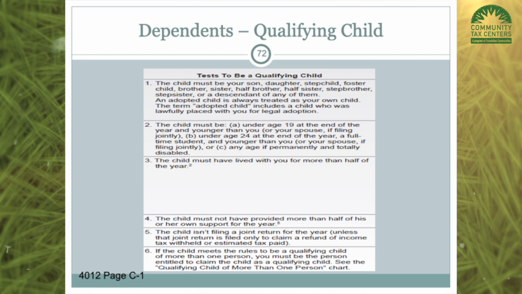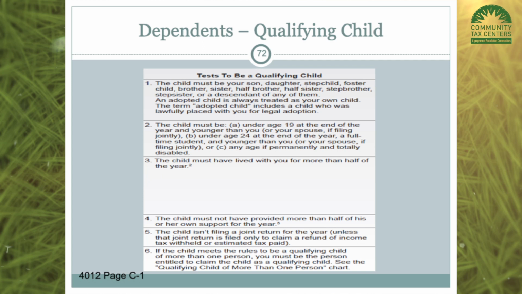So this means that this qualifying child is still a dependent. They're only filing their tax return because they're going to get those federal taxes withheld. They're not required to file a tax return, and they're not considered my dependent.